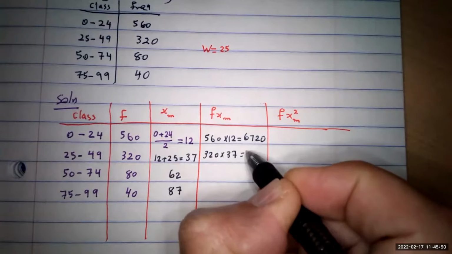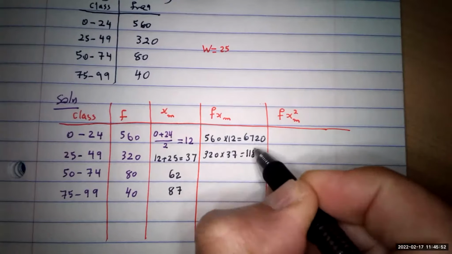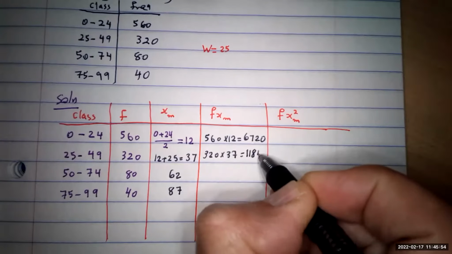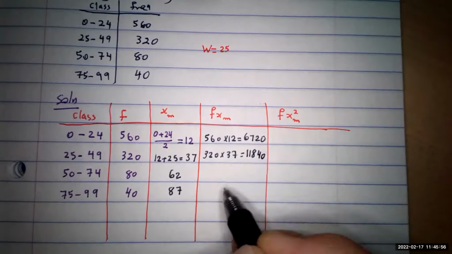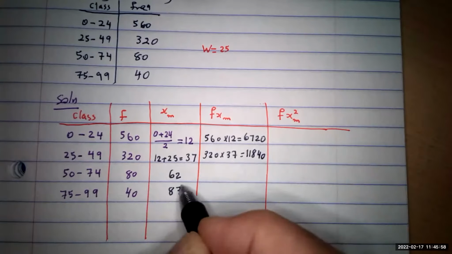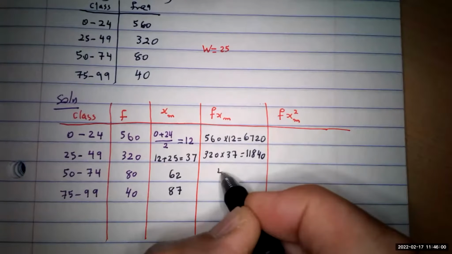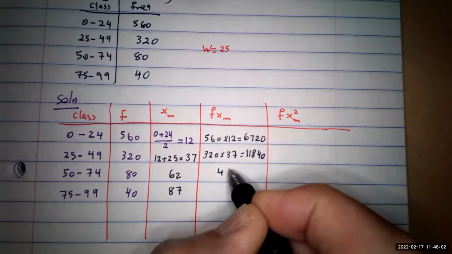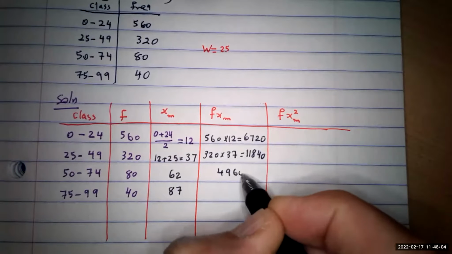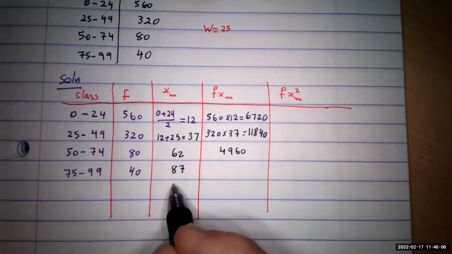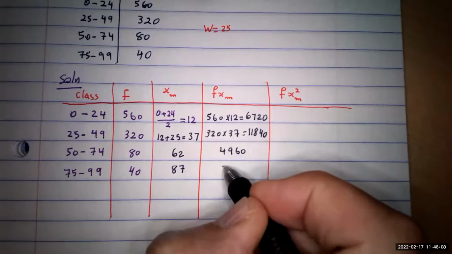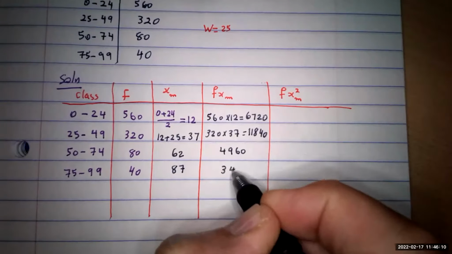That gives you 11,840. And if you do the same thing, 80 times 62, that gives you 4,960. And if you do 40 times 87, that gives you 3,480.